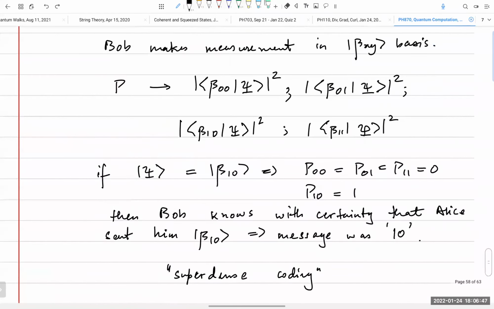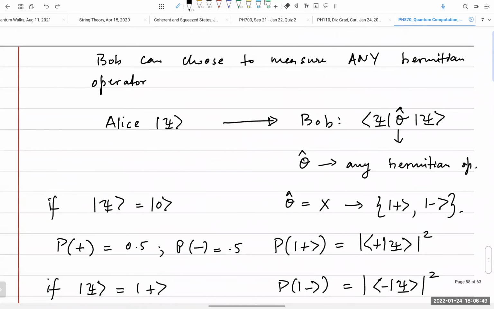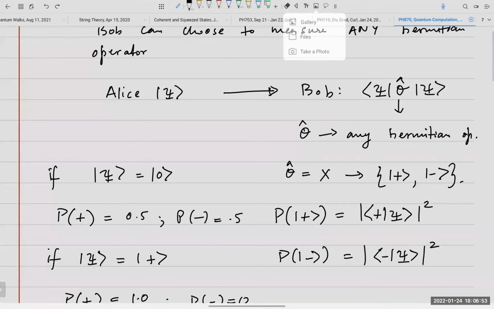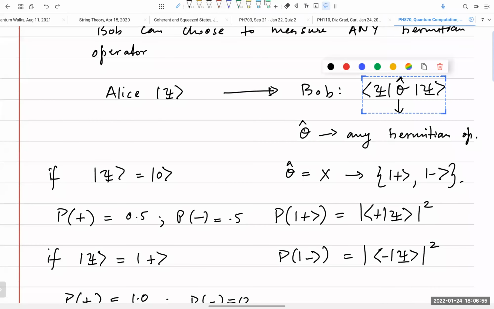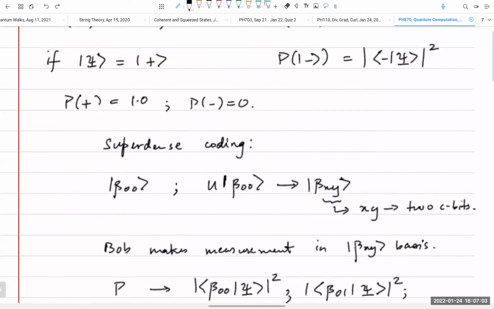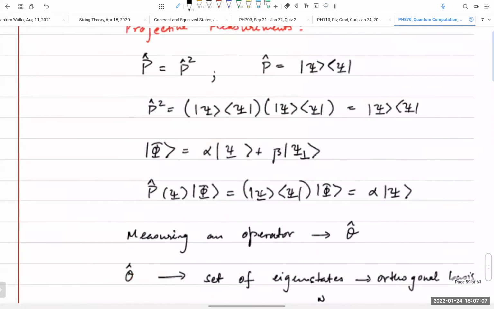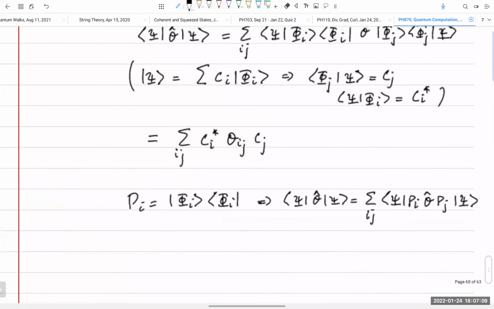So coming back to what I was talking about in terms of superdense coding, I have Bob here, and Bob is measuring some operator. And now the question is, what is that operator? The operator is defined in terms of some matrix elements.